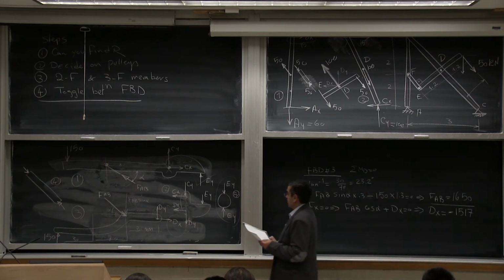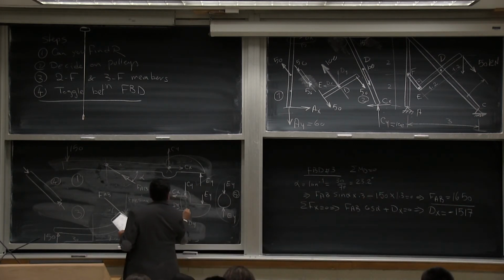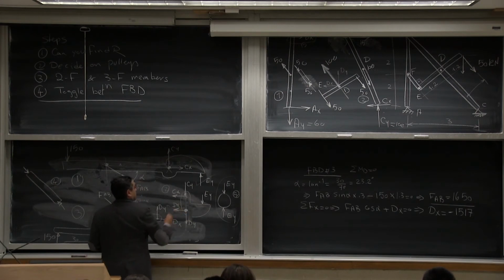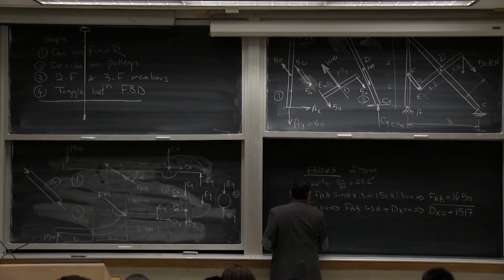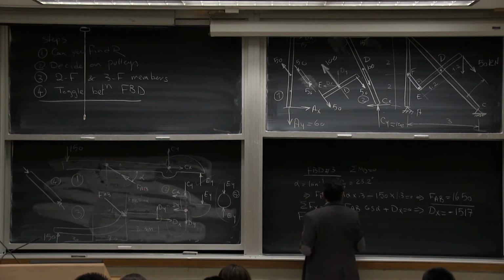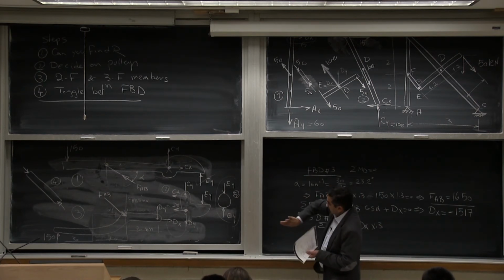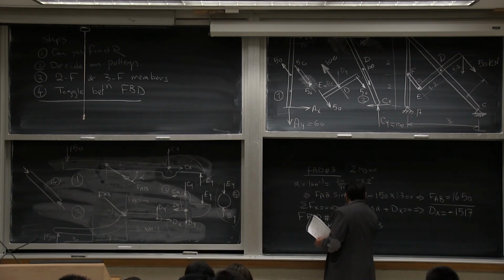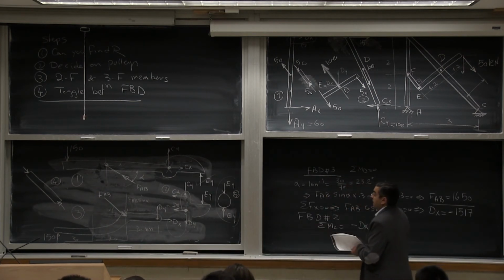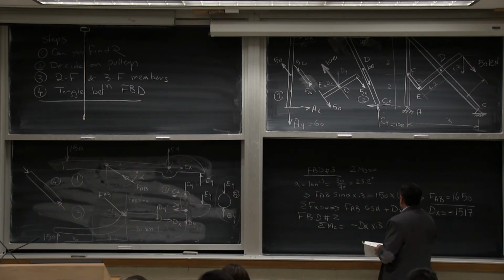If you come here in this free body diagram number 2, sigma MC will equal DX multiplied by 0.3, and without changing the free body diagram, this is negative, and EY multiplied by 0.3.